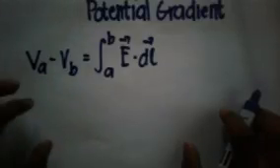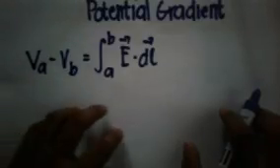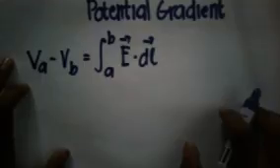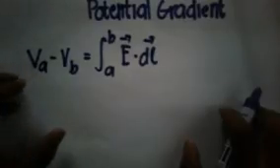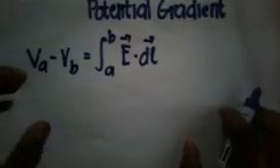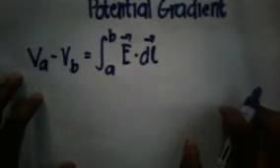If we know the potential V at various points, we can use it to determine the electric field. So regarding the potential as a function of the coordinates x, y, and z of a point in space, we will show that the components of electric field are related to partial derivatives of our potential V with respect to x, y, and z.